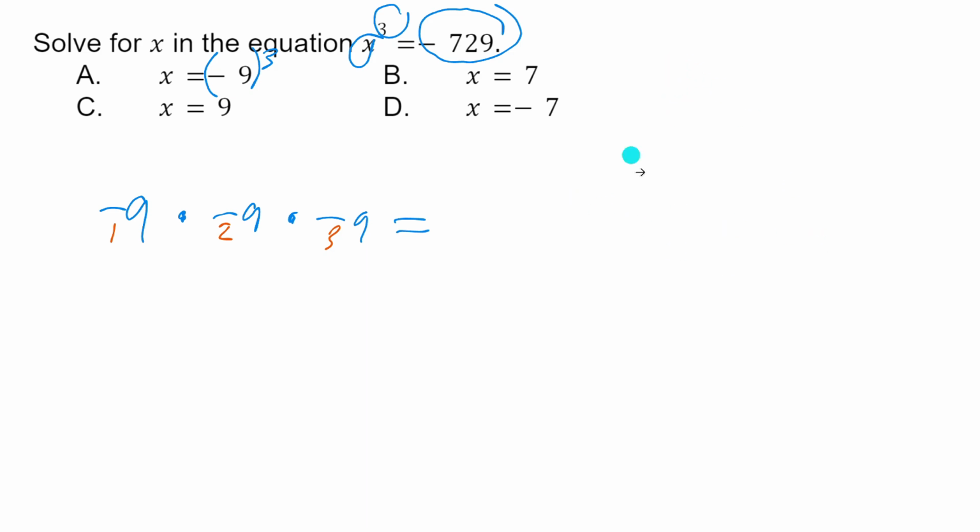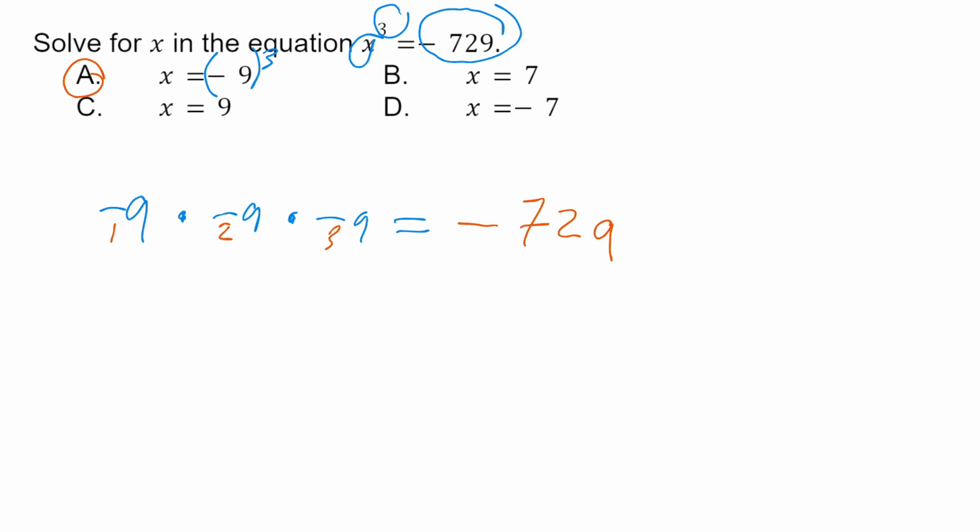It's going to be negative. And what is 9 times 9 times 9? It is 729. We're just checking the first option. We have the answer already. So the correct answer here should be letter A, because negative 9 raised to 3 is going to be negative 729. We'll not check the others anymore because that's already the answer.